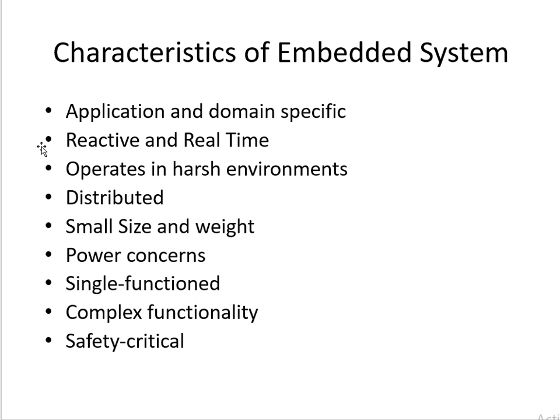Real-time system operation means the timing behavior of the system should be deterministic. This means that the system should respond to requests in a known amount of time. And some of the embedded systems are reactive and some of them are real-time.